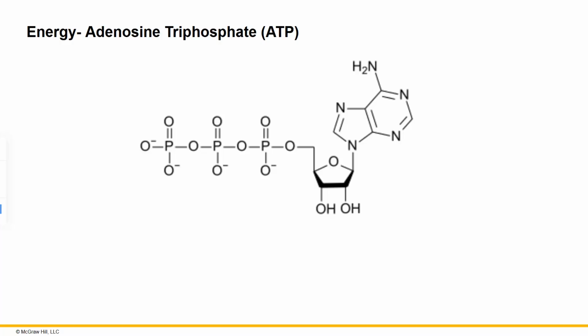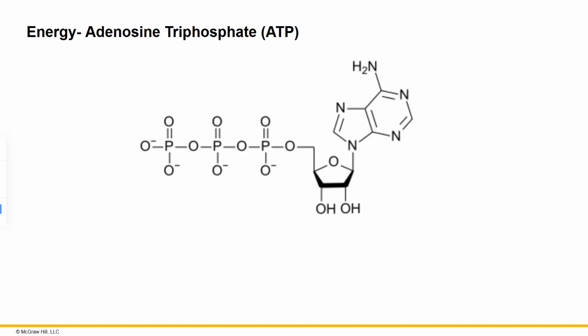So if we have this high-charged energy molecule, breaking this off releases energy. And that energy can then be used for some type of movement or for something to happen inside of the cell. When we break this off, it becomes ADP, or adenosine diphosphate, and that molecule is then recharged.